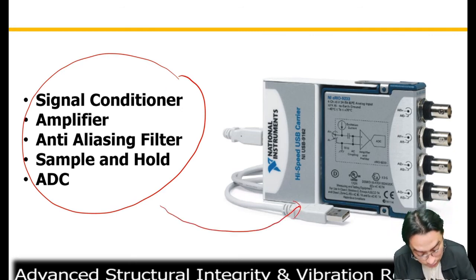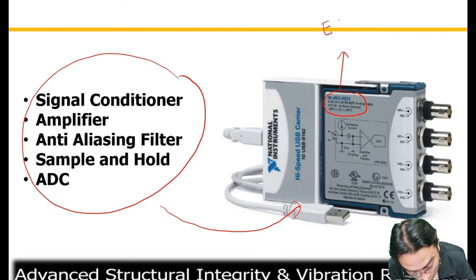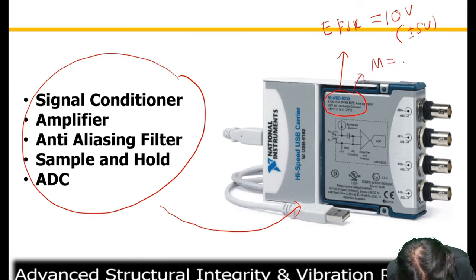If I zoom in here, you can see this part here shows us the EFSR of about 10 volt, plus minus 5 volt, and then the m is equal to 24.